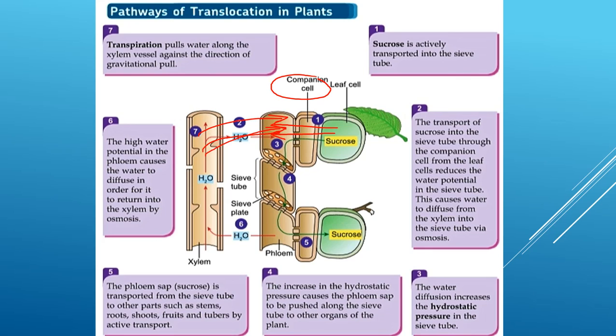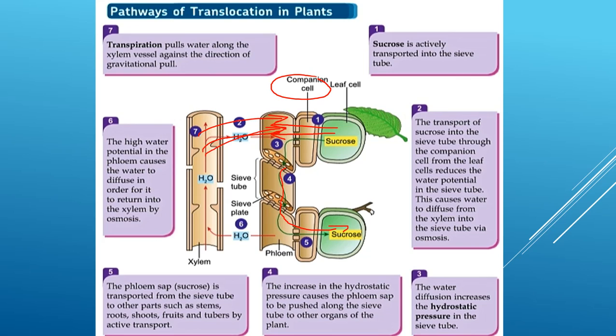So the increase in the hydrostatic pressure will cause the phloem sap to be pushed along the sieve tube to other organs of the plant. So the phloem sap, the sucrose, is transported from the sieve tube to the other parts of the plant, such as stems, root, shoot, fruits, tubers, by active transport here.